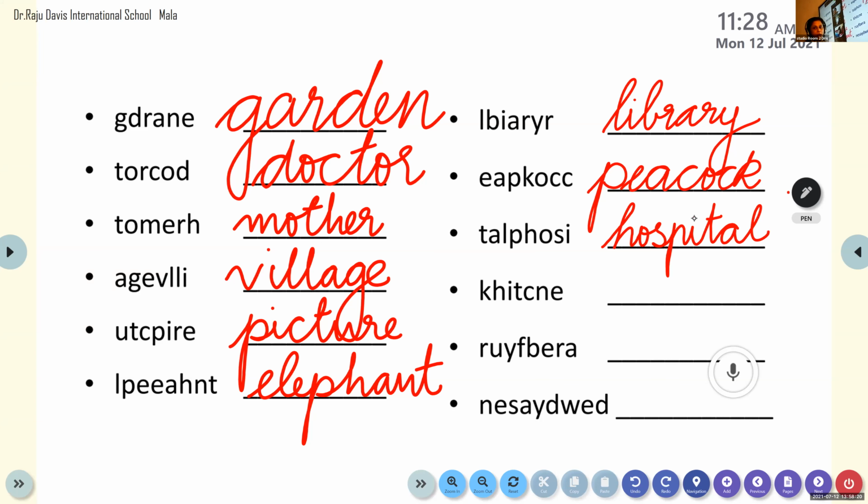So when you break up the word, children, it is hos, p, tal. So there are 3 syllables in it. This helps you, my dear children, to learn the spelling quite easily. When you pronounce it as a whole, it is hospital. Now let's move on to the next word.